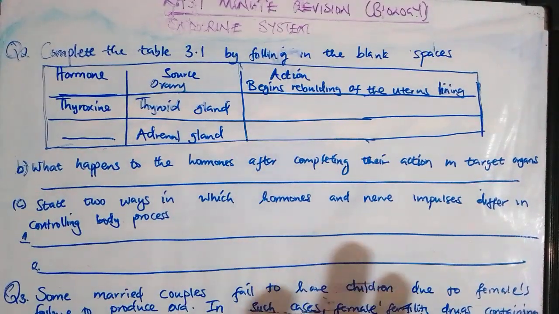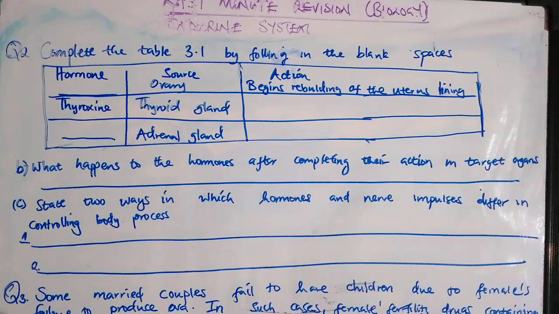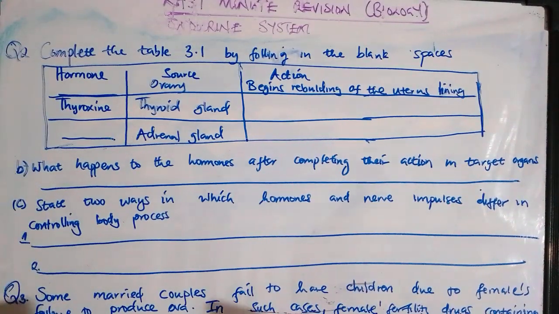So you need to also understand how questions come. Because if you just read through notes, if a question comes like this, I guarantee you won't know how to go about it. But by going through this last minute revision, you will know how to solve questions in biology.